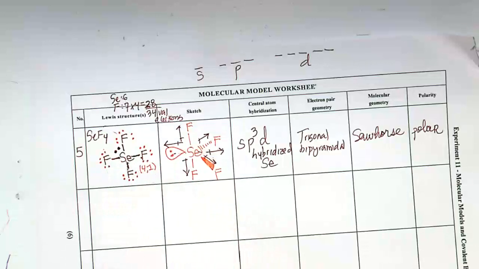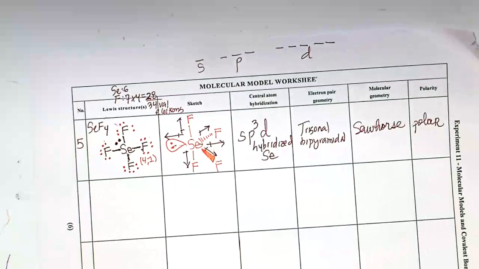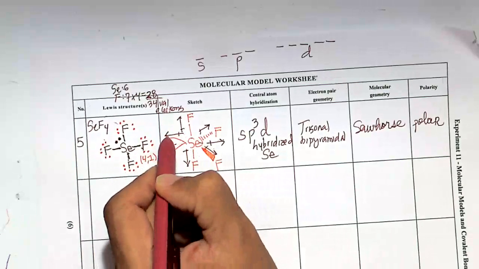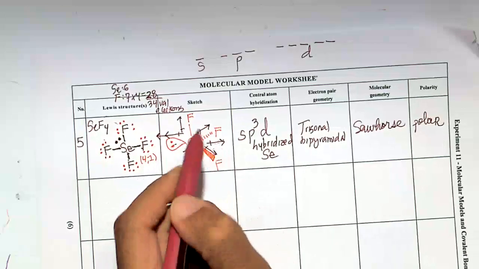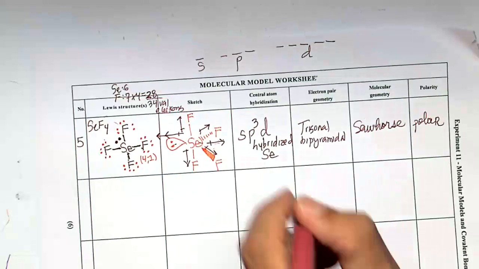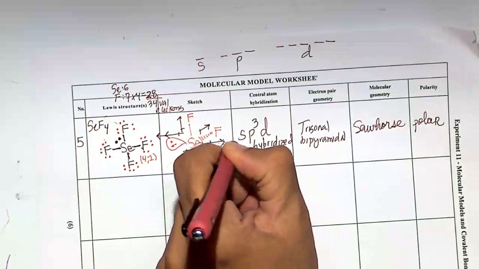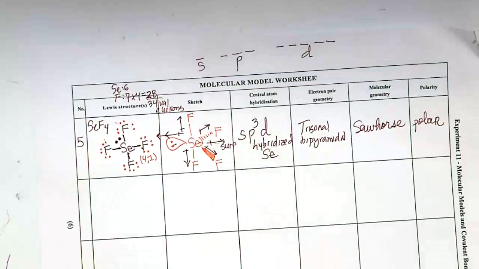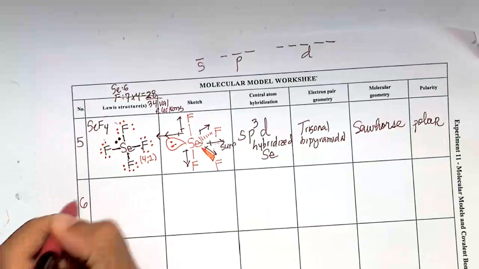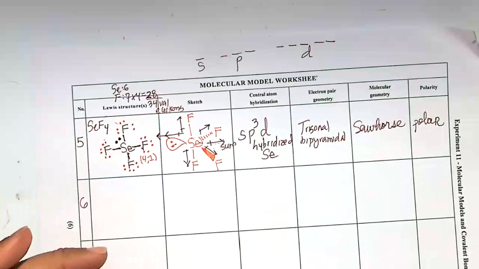So yeah, this is a polar molecule. This is a much stronger pull than those two. And this is the sum of that angle and that angle. All right. Okay, we got 5 more to go.